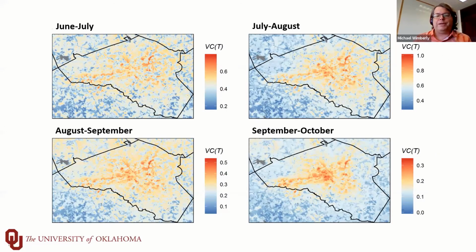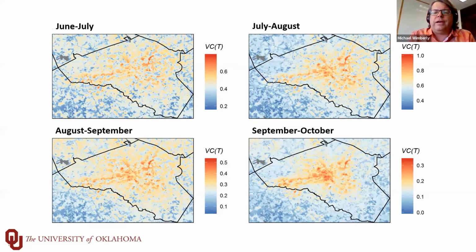Now, when we map it, this is what it looks like. So the red areas are essentially the hotspots, high vectorial capacity. And you probably can't tell unless you know Athens really well, but we see these reddest areas in little clusters or islands, and they tend to be more into the center of the city, particularly from June through September.